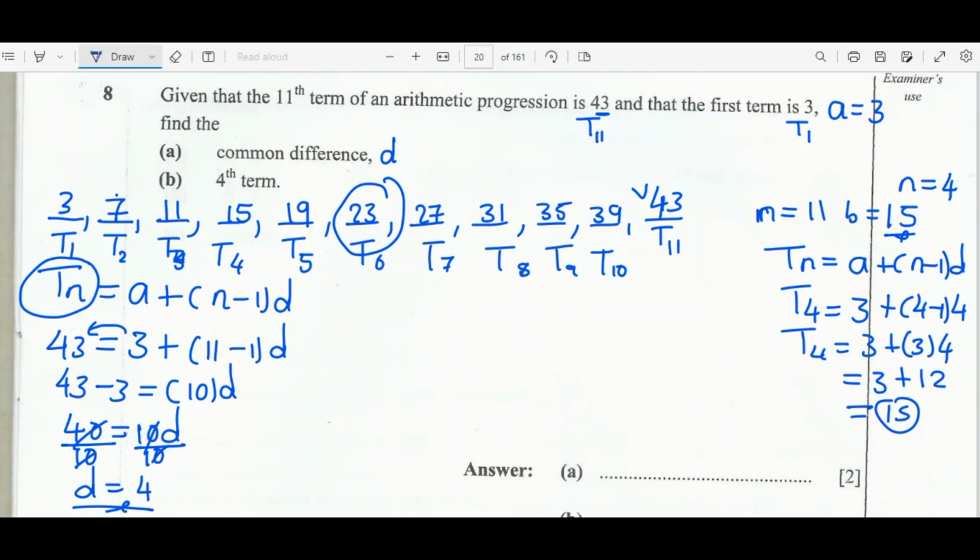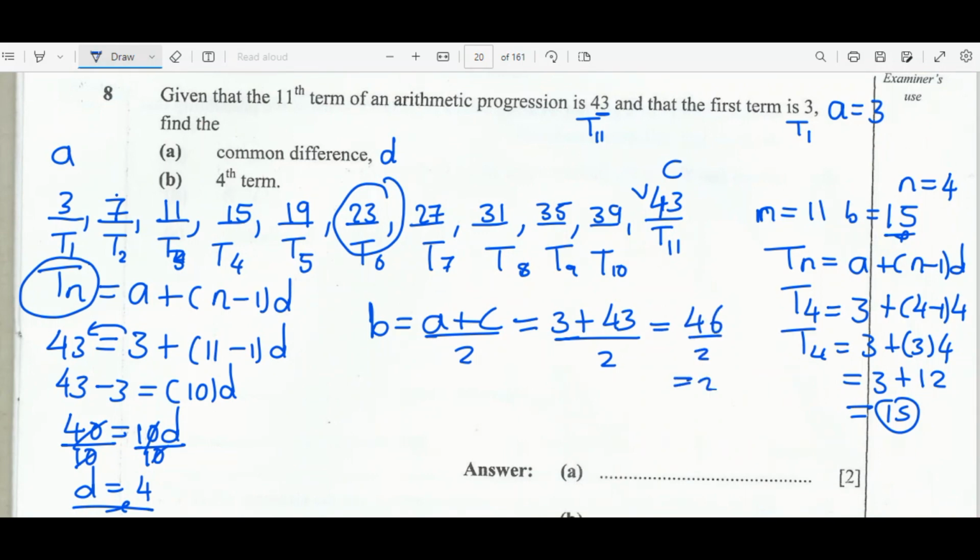We'll call the first number A, this middle number B, and this one C. So A plus C divided by 2 will give us the mean. So it is 3 plus C, our C is 43, divided by 2. So 43 plus 3 will give us 46, divided by 2, which gives us 23. So this is our middle term.